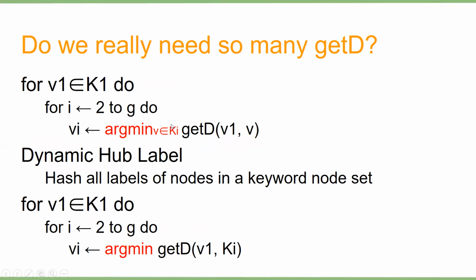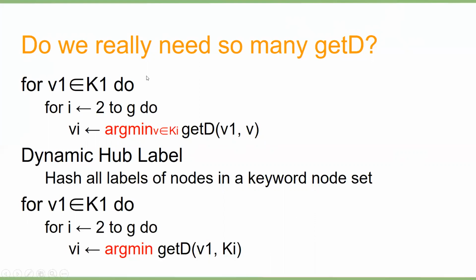Let's see what we did in KKG. First, we enumerate all the vertices v1 in K1. Then for each keyword vertex set, we find the shortest distance between v1 and all the vertices in Ki.